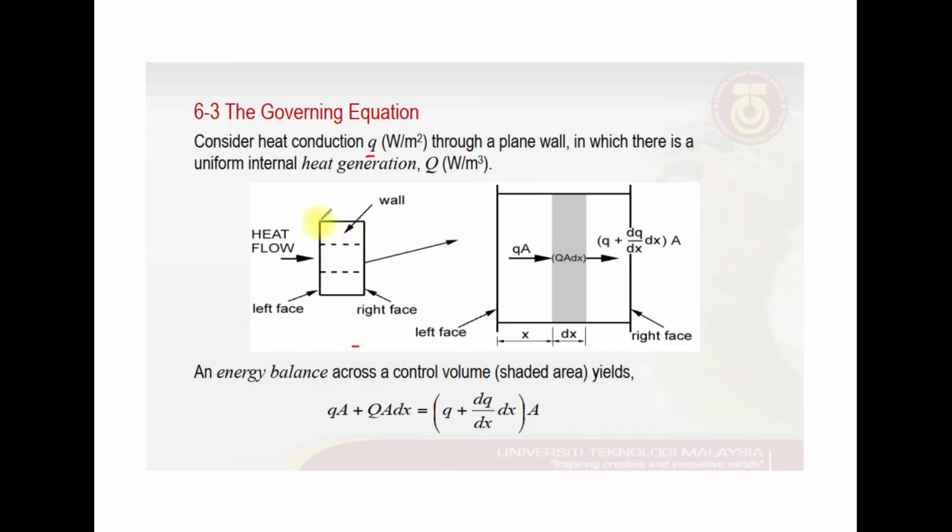My plane wall here just shows the cross section of my wall, which in 3D will look something like this. This plane wall consists of 6 faces, but the most important faces are the ones on the left and the right.